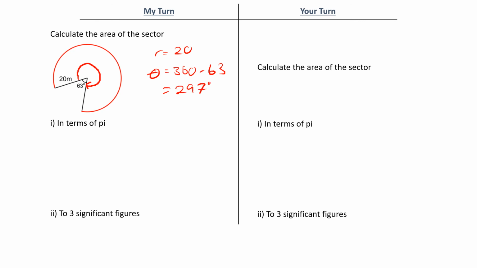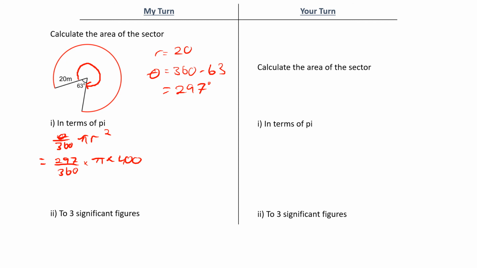Right. Okay, so start with your formula. Theta over 360 times pi r squared. Fill in what you know. So it's 297 over 360 times pi times radius squared, 400. Okay, into your calculator.